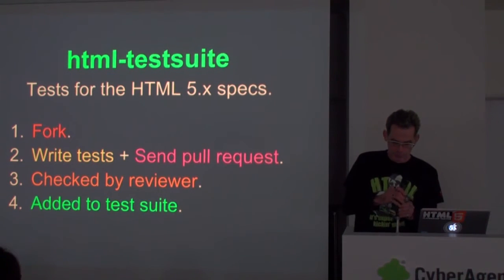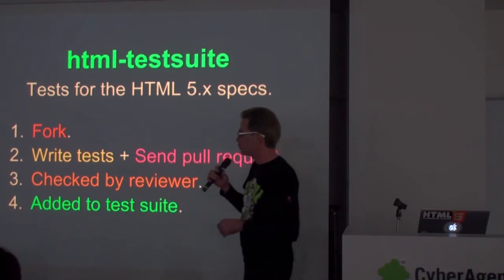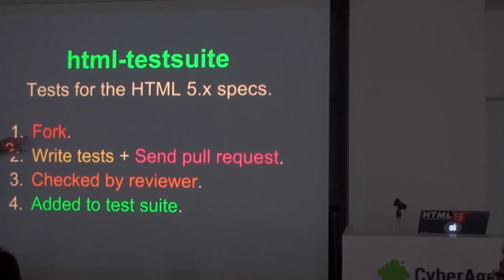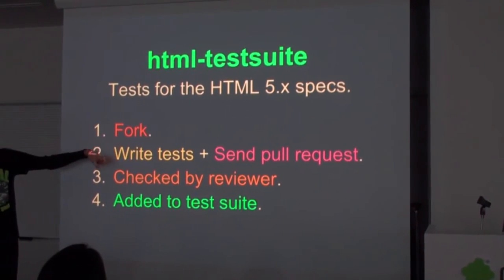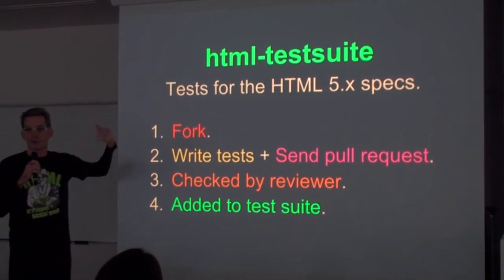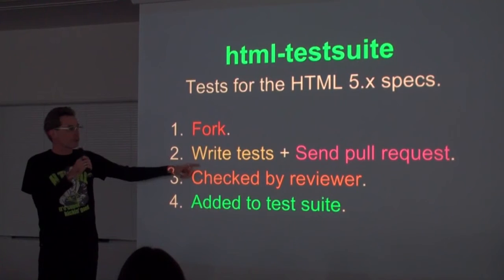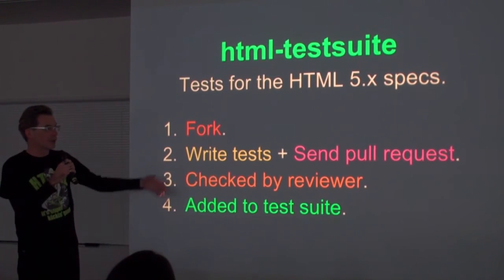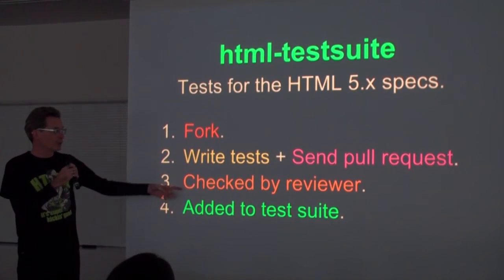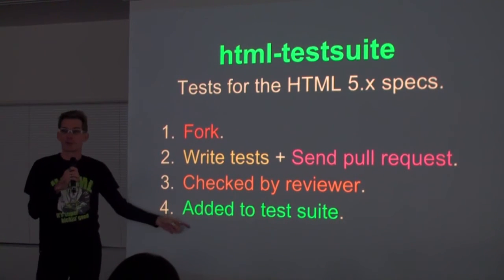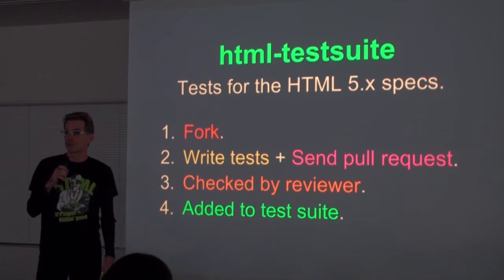This is what we hope that people are going to do with the test suite. You go to the homepage for that test suite, and you press a button on GitHub, and you fork the entire test suite. You make a copy of it, and you add that to your GitHub account. You go in there and you write some tests, and you send a pull request, and somebody reviews that pull request, and then your test gets added to the test suite.